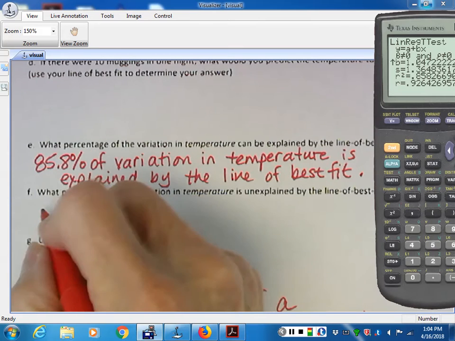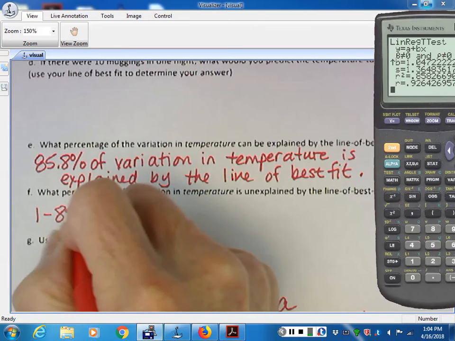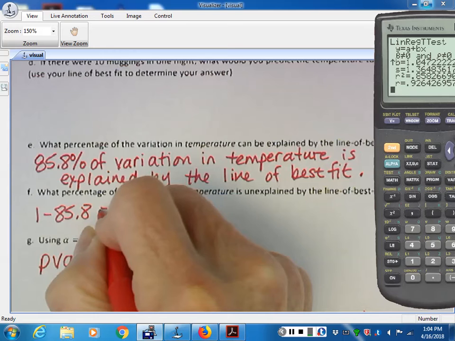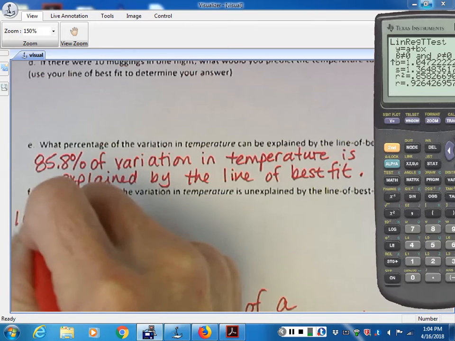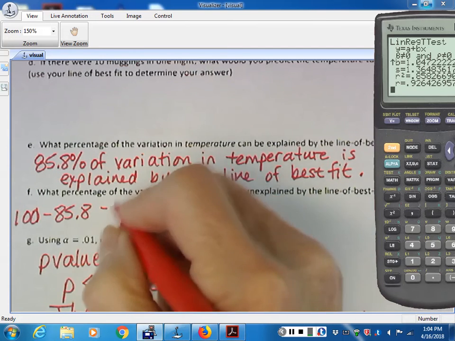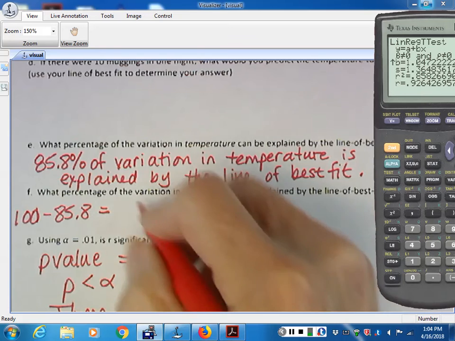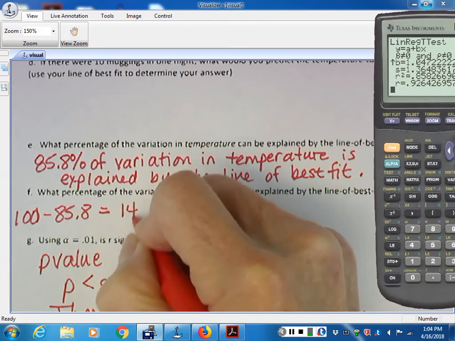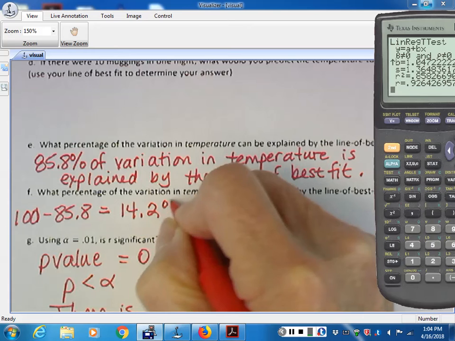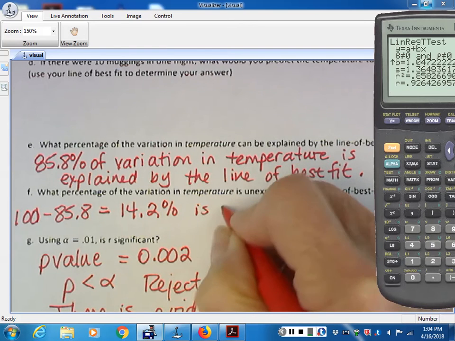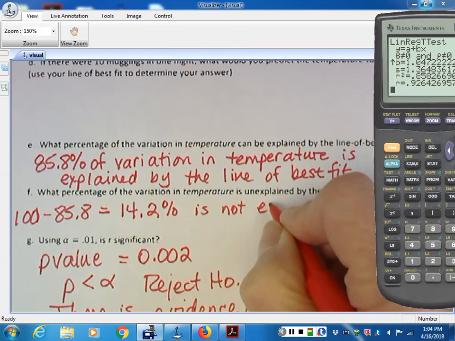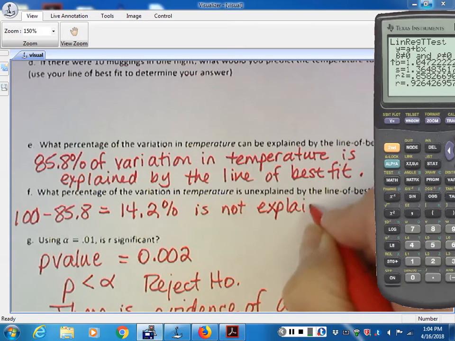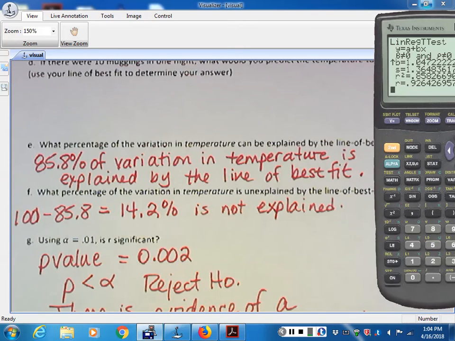Which means 100 minus 85.8% would be 14.2% is not explained. Which is a lot different.